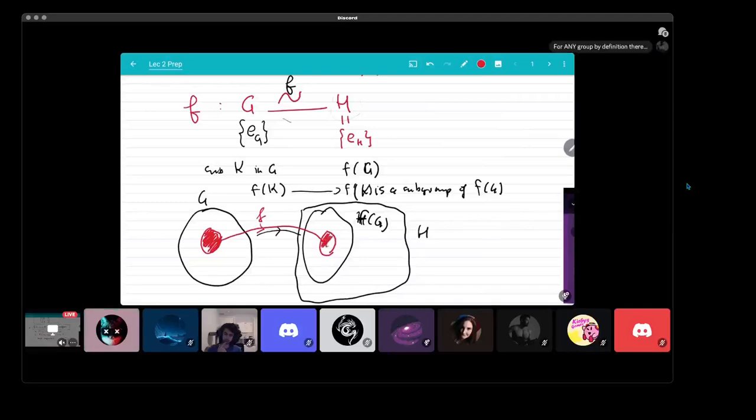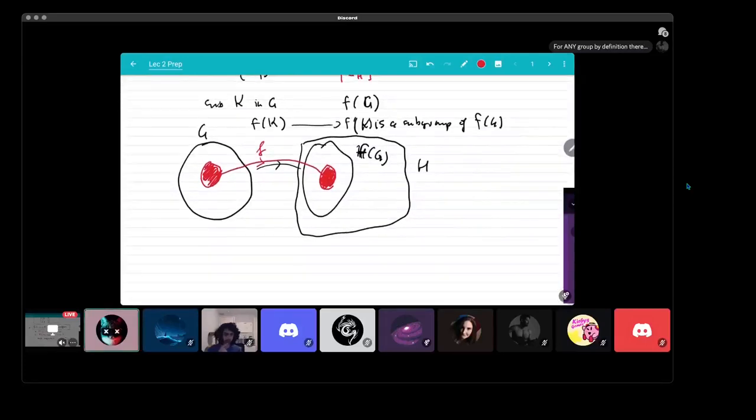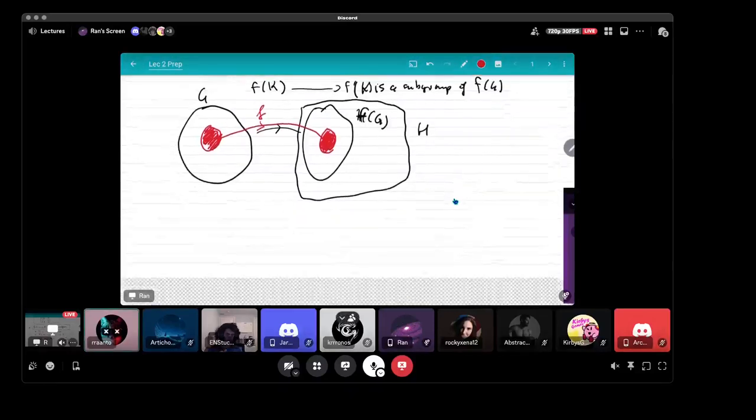So it's kind of like a mirror, that copies everything in G to its image, so that they look exactly the same in terms of the group law and everything. Since the group law gets preserved, it works.